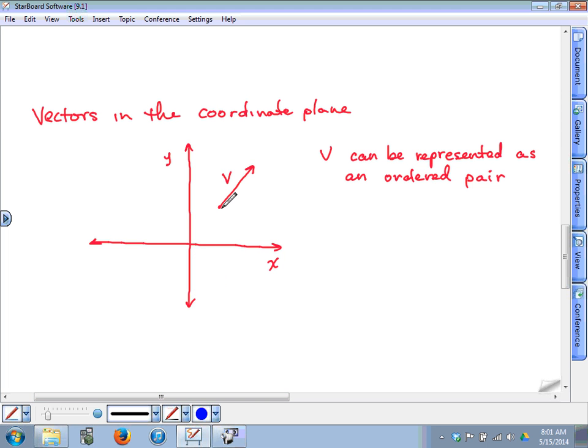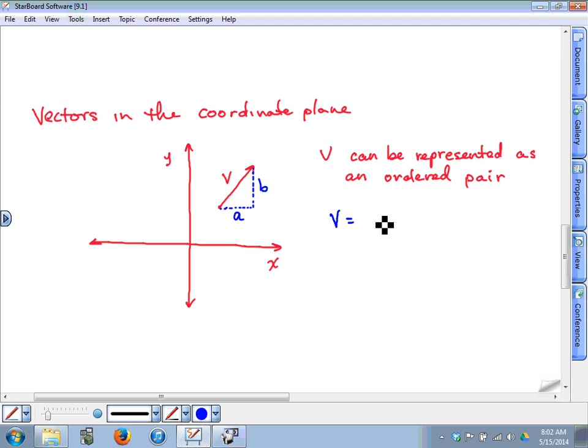So go back to vector v. Do this with a dotted line. Draw a horizontal component and a vertical component like that. Call the horizontal component A, the vertical component B. So the way that we can represent the location of a vector would look like this.